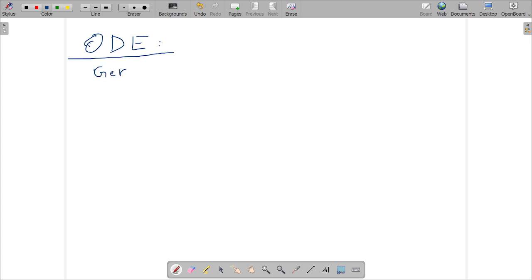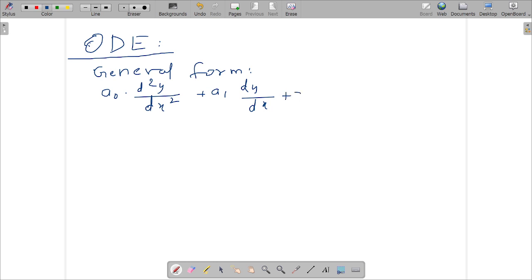It is a naught d square y by dx square plus a1 dy by dx plus a2 y equal to f of x. This is a general form.